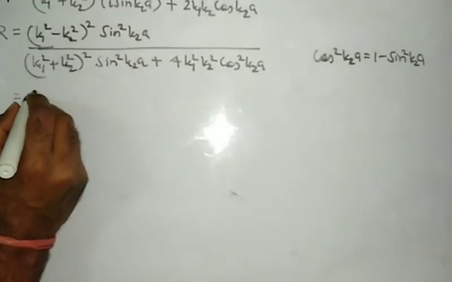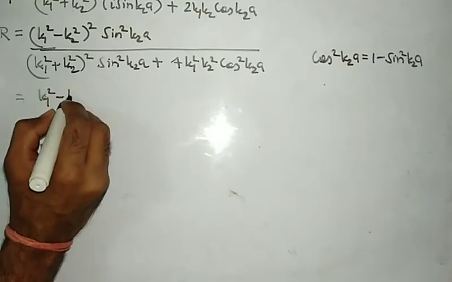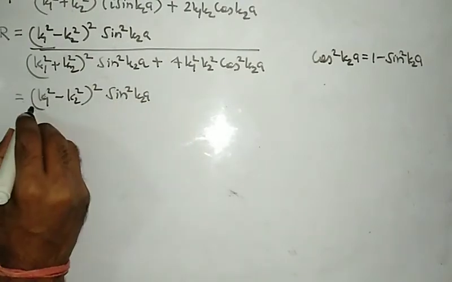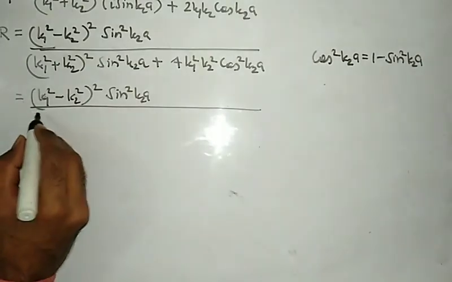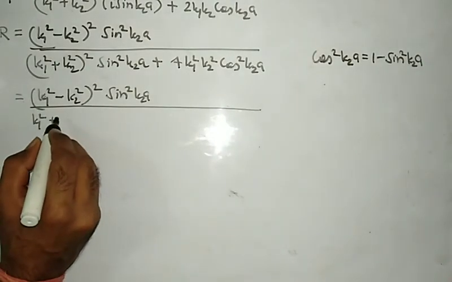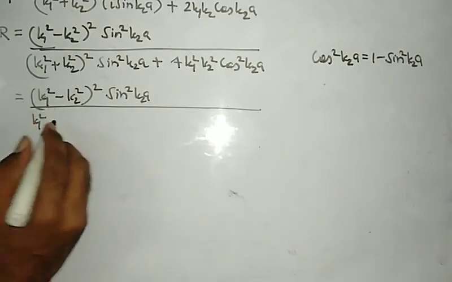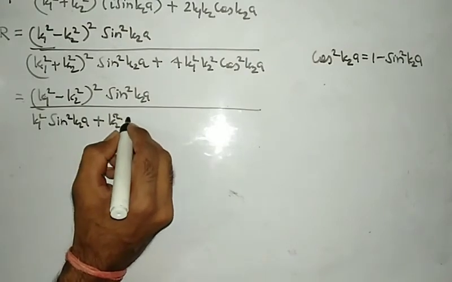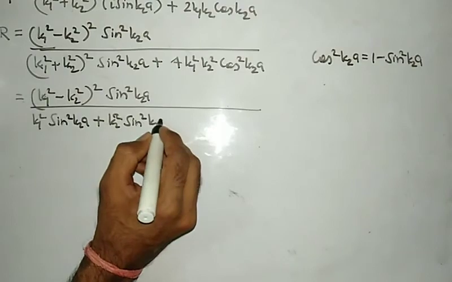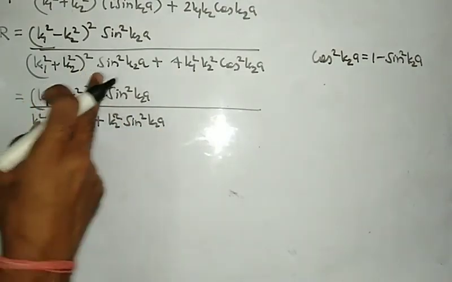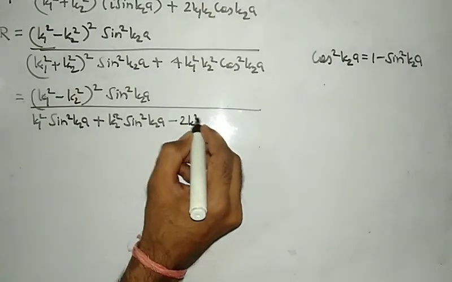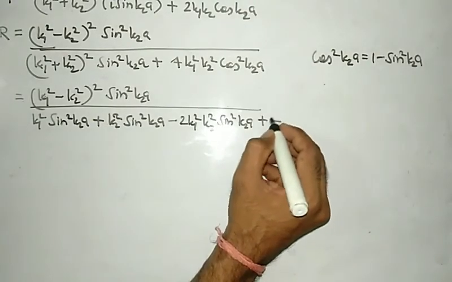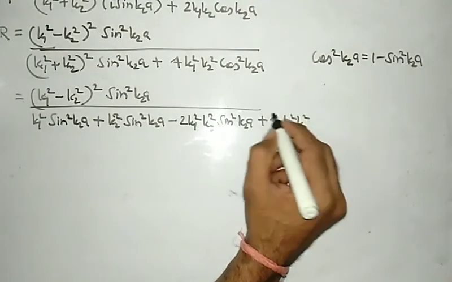So that will be k1 square minus k2 square whole square sin square k2a by k1 square plus k1 square sin square k2a plus k2 square sin square k2a, and that will be minus 2 k1 square k2 square sin square k2a plus 4 k1 square k2 square.